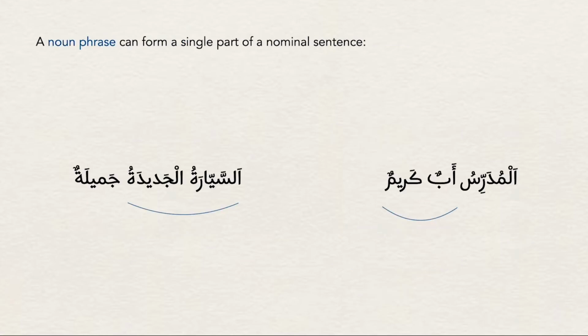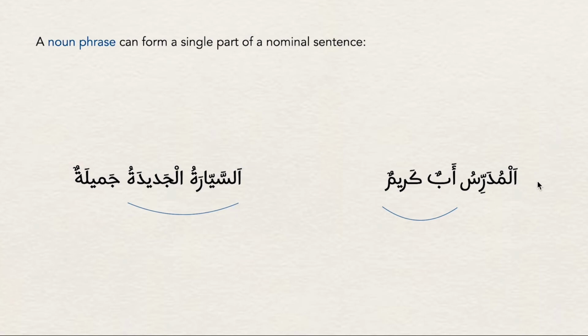Now, right at the beginning, we compared a nominal sentence to a noun phrase. We're looking at the difference between a sentence and a phrase, and we said that you can't really put a full stop at the end of a noun phrase, because if you were to do that, you haven't really said a complete idea. But a noun phrase can be a part of a longer sentence.